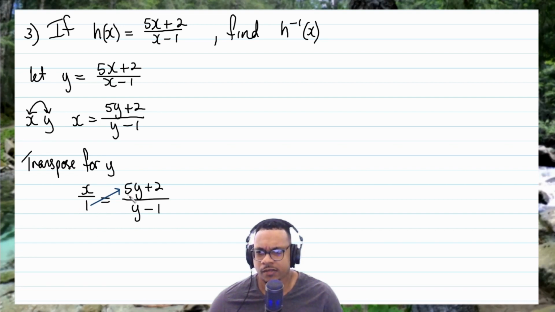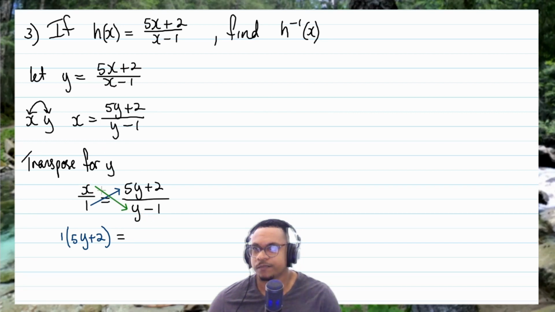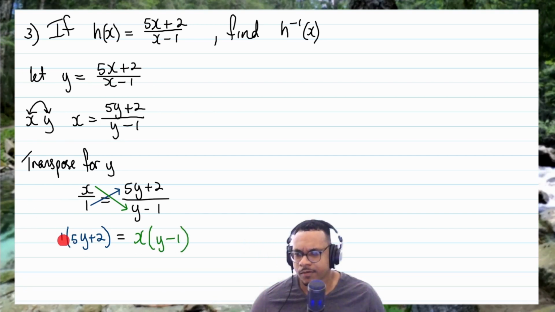So I'll multiply 1 by 5y plus 2, so that'll give me 1(5y + 2). Then I'll multiply x by y take away 1, so that'll be x(y - 1). Now anytime you multiply 1 by anything, you'll just get back the same thing.